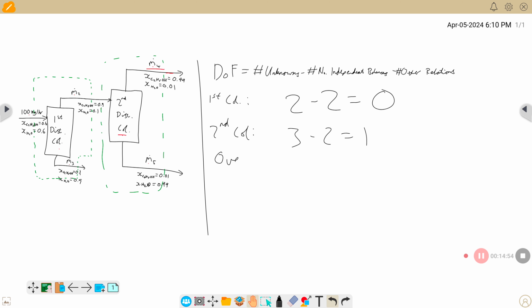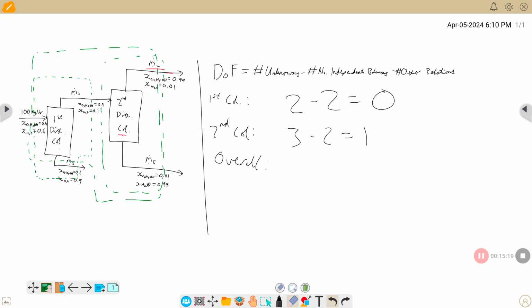And then we have a third degree of freedom analysis that we can carry out, which is our overall degrees of freedom. That's basically when we consider what's going in and out of our whole system. That boundary would cross M3, wouldn't it? What's going in and out of our whole system?